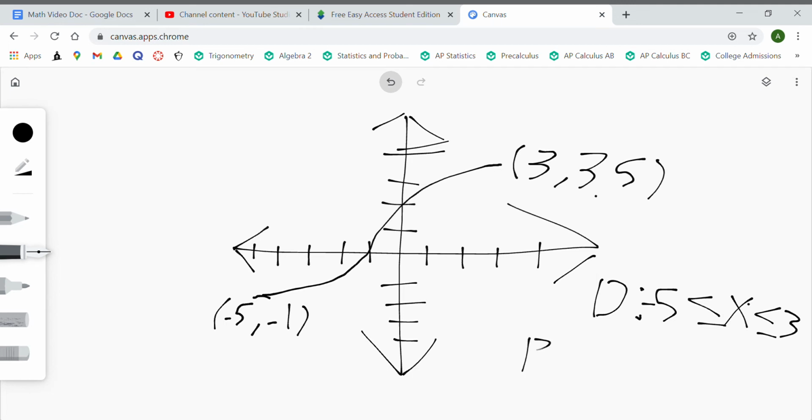And the range, well, we go from the bottom to the top. So that'll be -1 is less than or equal to y, less than or equal to 3.5. And that's how you find the domain and range of a function, just by looking at the graph.